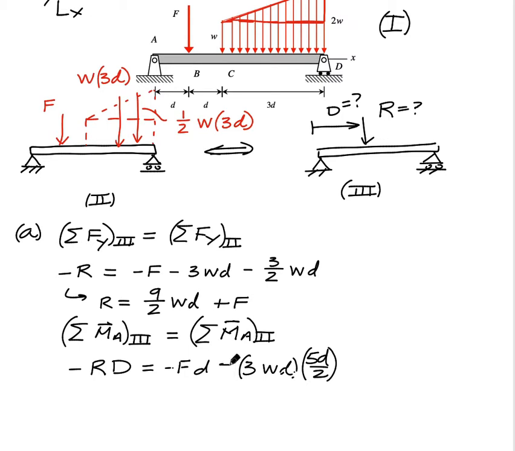And then for the triangular part, which had the magnitude force there of 3/2 WD, it has a moment arm of 4D. That would be this D plus that D plus 2/3.